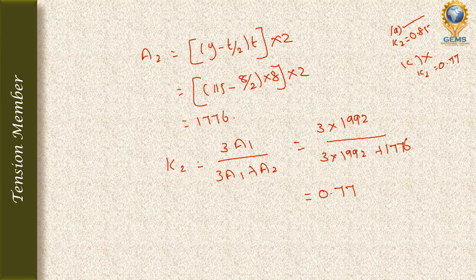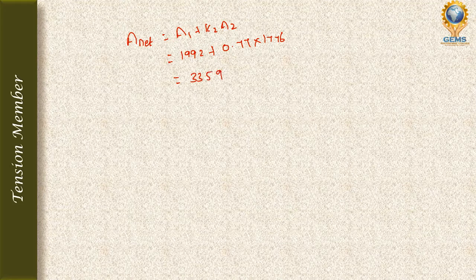So then what is the area of the net? A net is equal to A1 plus K2 A2, that is 1992 plus 0.77 into 1776, which is equal to 3359.52 mm square. So we know the area of the net.